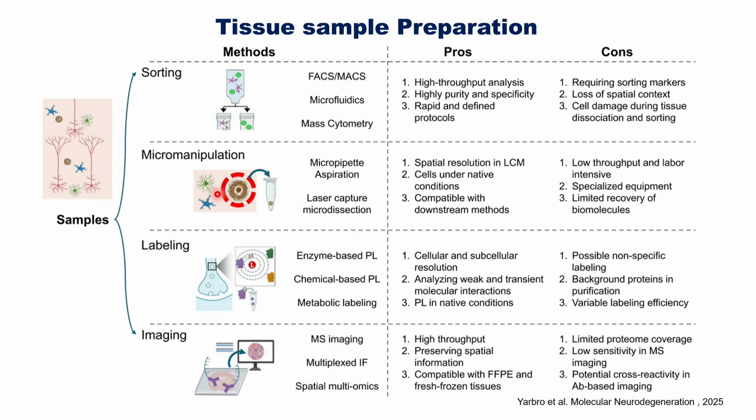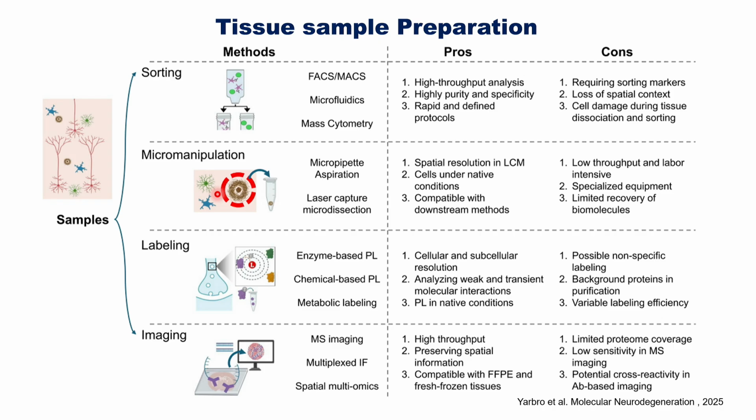Another thing is labeling. So we label with particular enzymes, like proximity labeling. We take the sample, make it single cell suspension, we label those particular cells and then subject them for the mass spec.